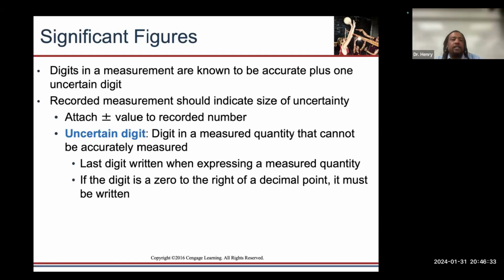Our next topic is significant figures. When we make reference to significant figures, we're talking about an aspect of accuracy. Not all pieces of equipment are created equally. For instance, I bought my scale at the flea market, and it's kind of used, so it gives me values that are not exact.